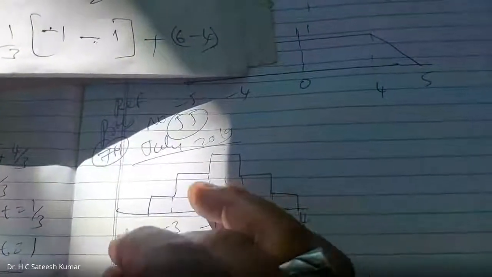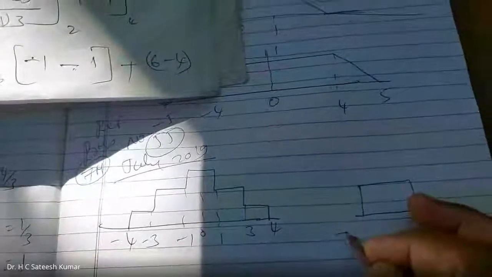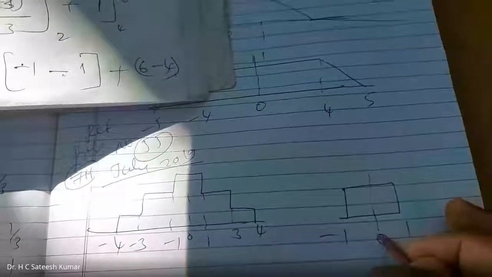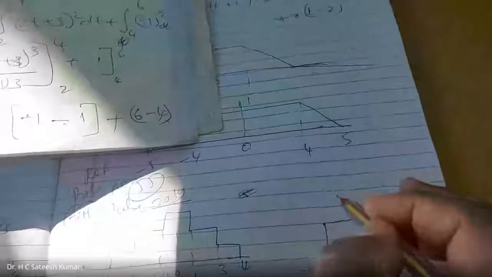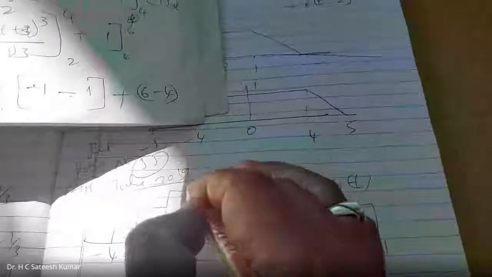This is minus 3, minus 4. The signal is ranging from minus 1 to plus 1. Similar kind of problem, you can try out. So this is a 7 marks question. Express x of t in terms of g of t. You can try this problem.